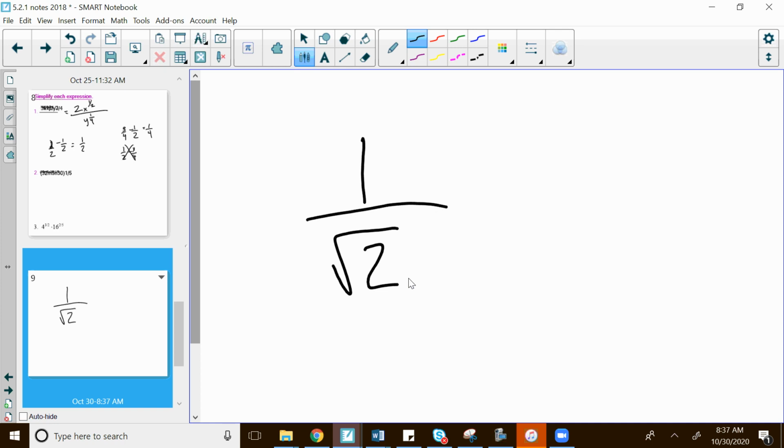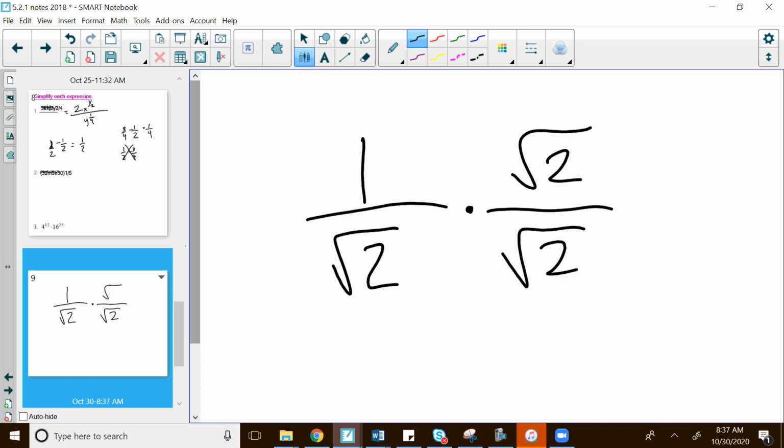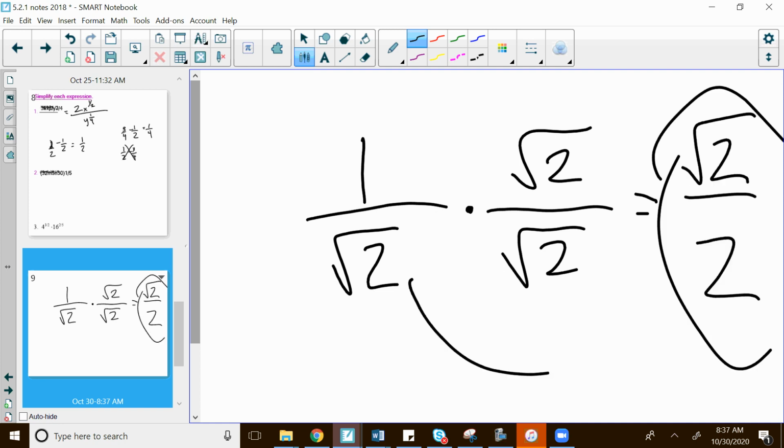And if you remember back from Algebra 1 and geometry, you can't leave a radical in the denominator and have it be simplified. Like the square root of 2 in the denominator, we would do what's called rationalizing the denominator, and we would multiply both top and bottom by the square root of 2. So it would be the square root of 2 over 2. That's how we would simplify 1 divided by the square root of 2.